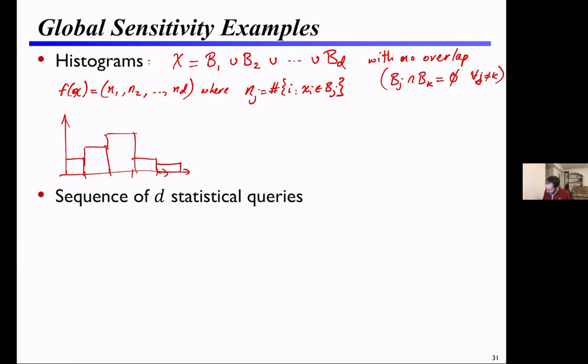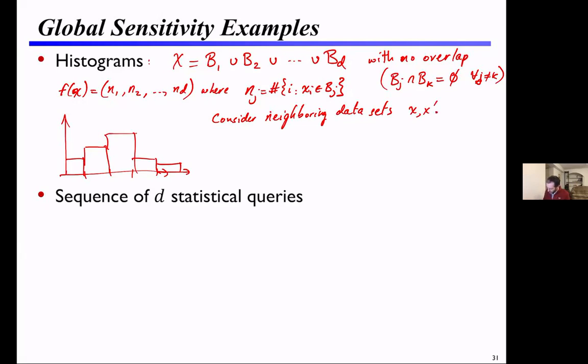So what we want to release is this whole histogram, and now we want to ask, what's the global sensitivity of this function? Well, if we consider neighboring data sets X and X prime, they differ in one record.